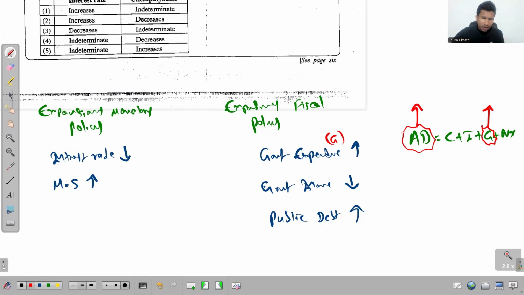And then, when aggregate demand increases, what happens to the level of production in the economy? If there's sufficient demand, producers will increase their production, so the level of production will increase. So when the level of production increases, they employ more and more resources.